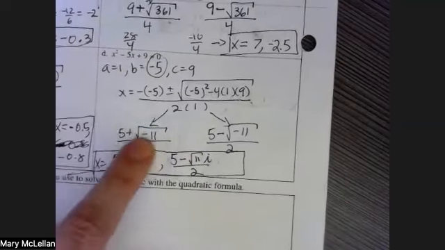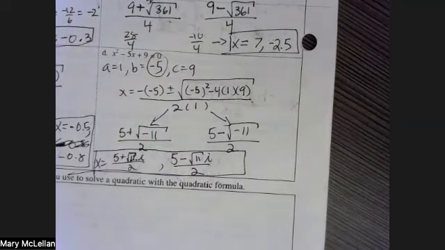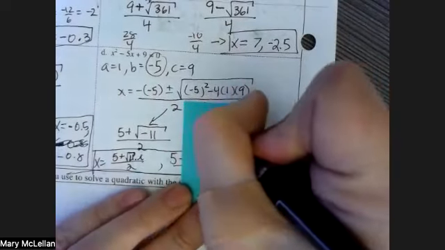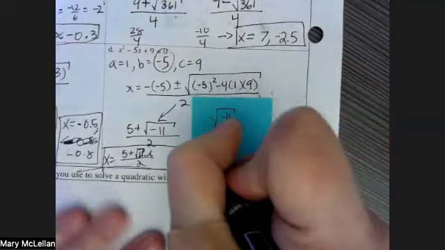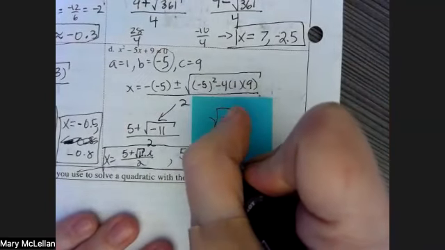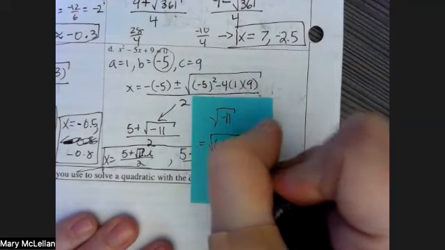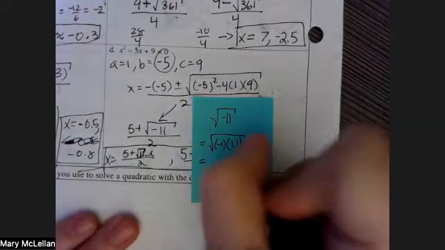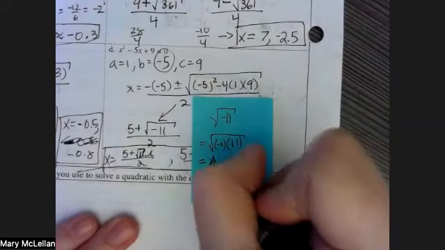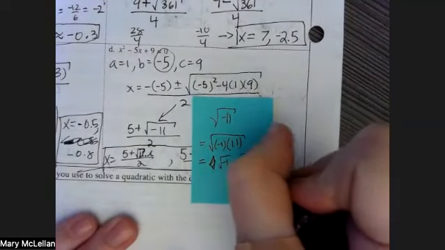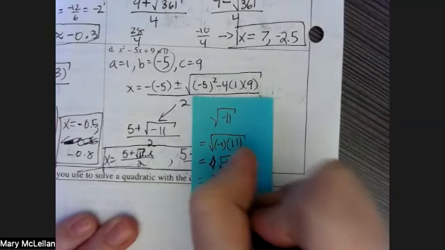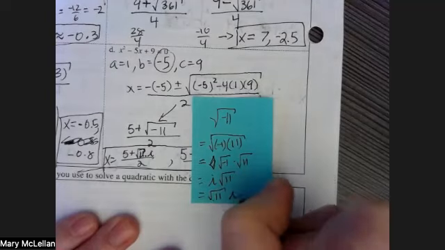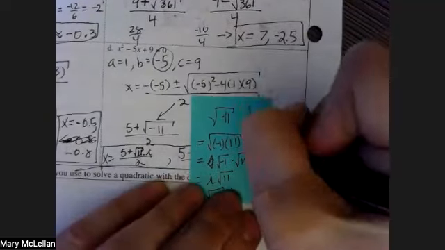I want to make sure that I'm writing this in simplest form. And just as a reminder, the square root of negative 11 is equal to the square root of negative 1 times 11, which is the square root of negative 1 times the square root of 11, which is i times the square root of 11, and we write that as the square root of 11 times i.